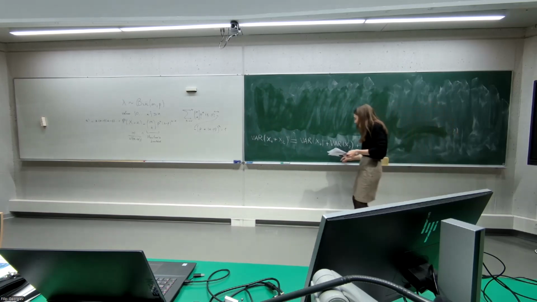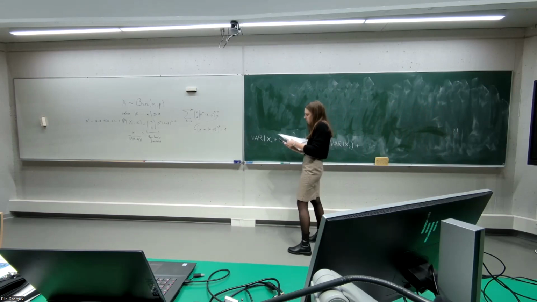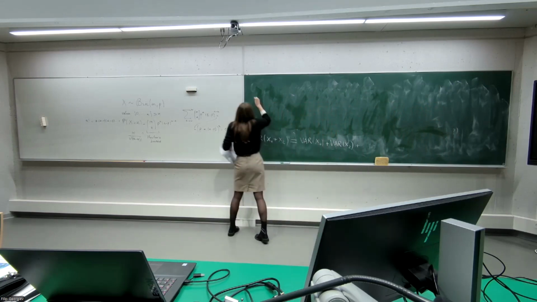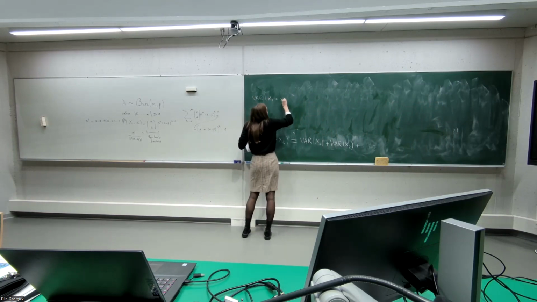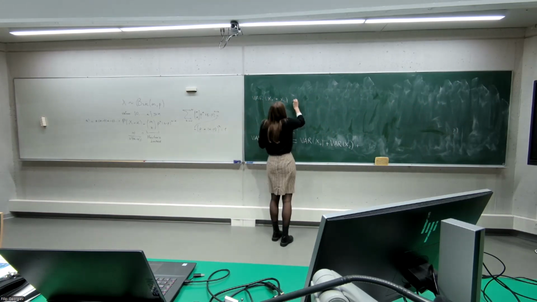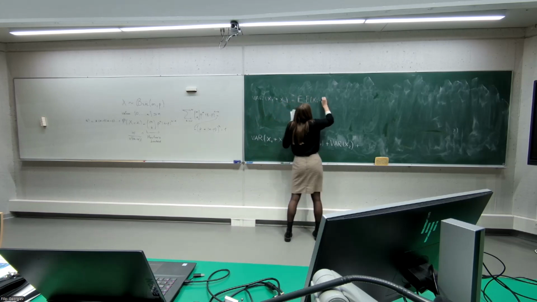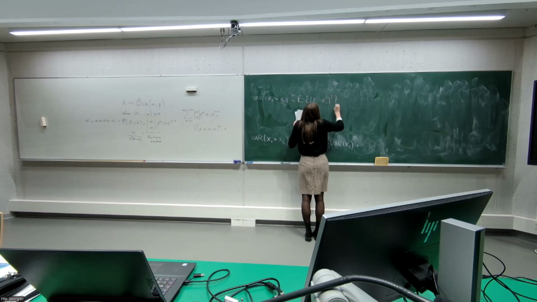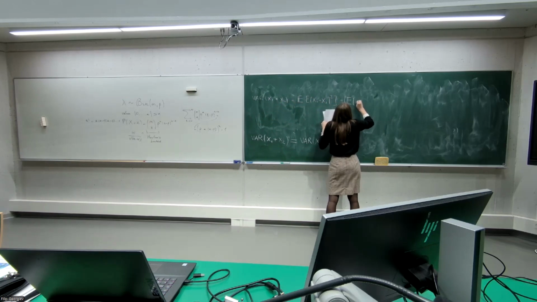It's not a very crazy proof, I think. So I have to write the variance of x1 plus x2 is equal to the average of x1 plus x2 squared, plus the average squared of the one.